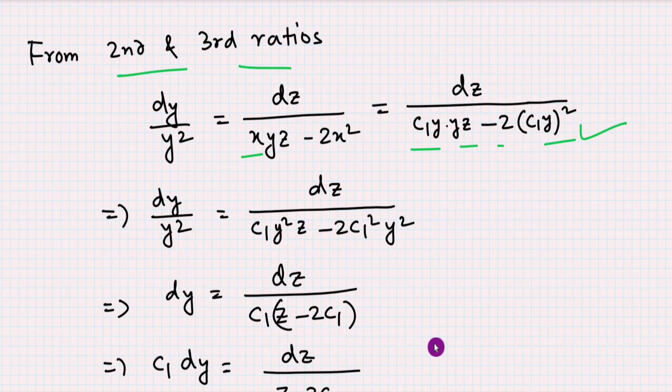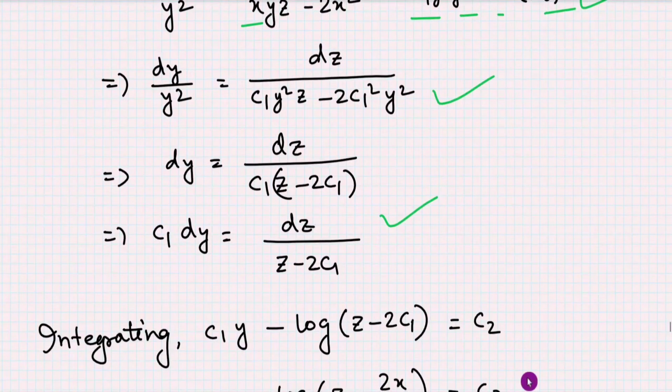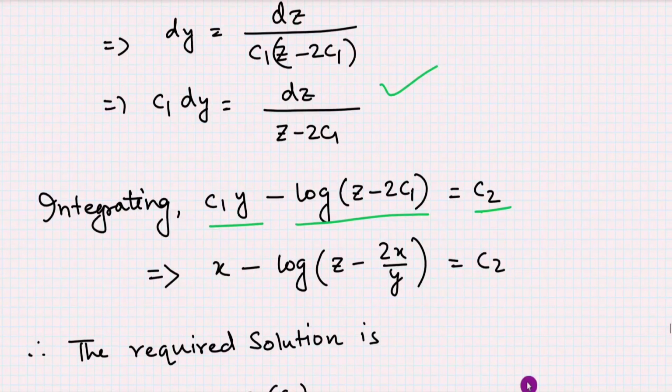This is equal to dy by y square, equal to dz into this. So this implies c1 dy equals dz by z minus 2 c1. So integrating, c1 y equals minus log of z minus 2 c1 equals c2, and this gives x minus, now we replace the c1 by x by y, since c1 is the first integral.